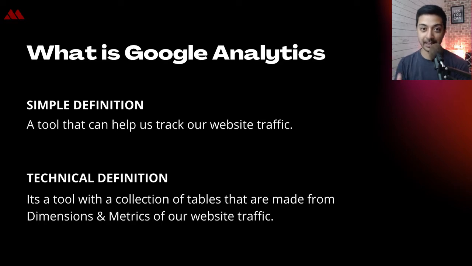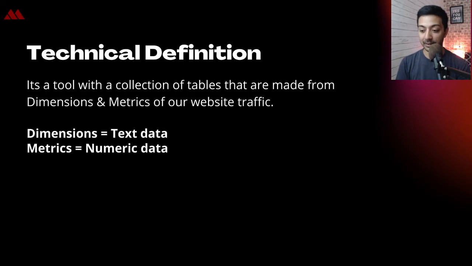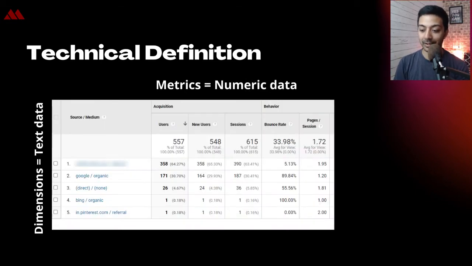And what does that table consist of? It consists of two things: dimensions, that is the text data, and metrics, that is the numeric data. And how does that actually look? The dimension, or the text data, is something that you see on the left hand side. If you are on the traffic acquisition section of Google Analytics, you will see that on the left hand side you have the sources of traffic, which is text data, so we can call it dimensions.